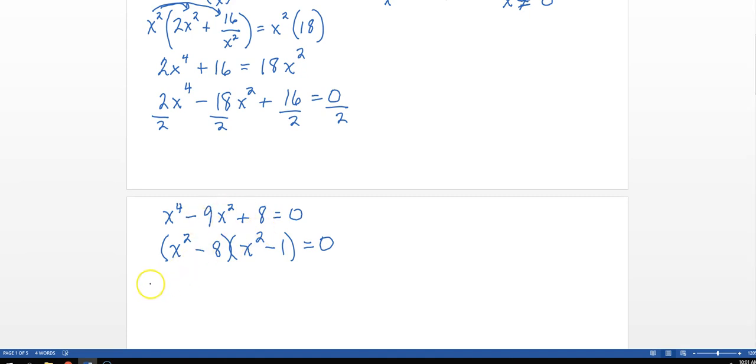And now I have two equations to solve. I need to solve x squared minus 8 set equal to 0, and I need to solve x squared minus 1 equal to 0.